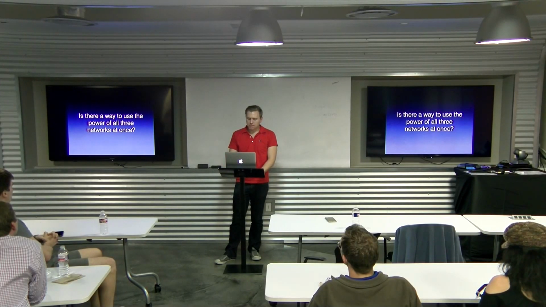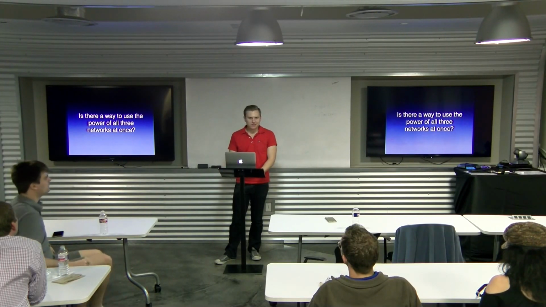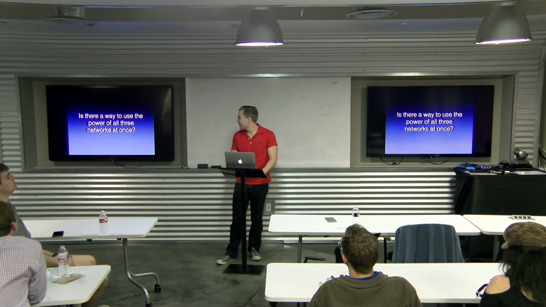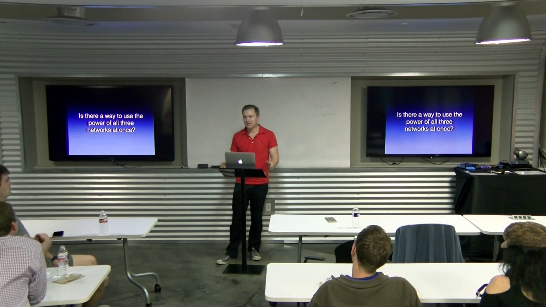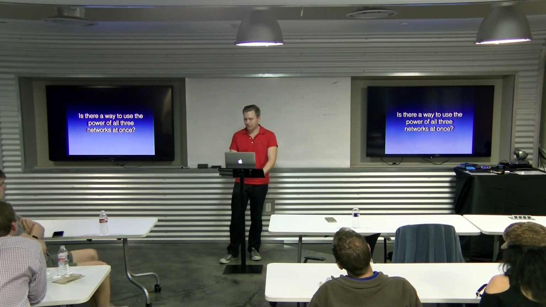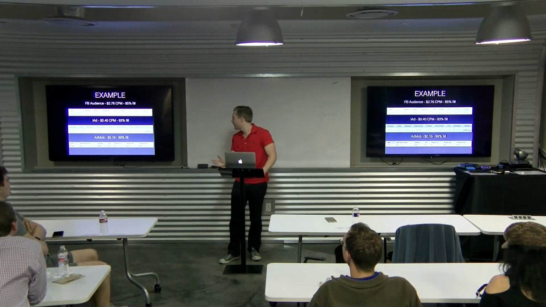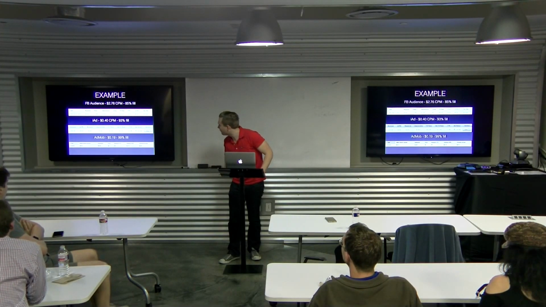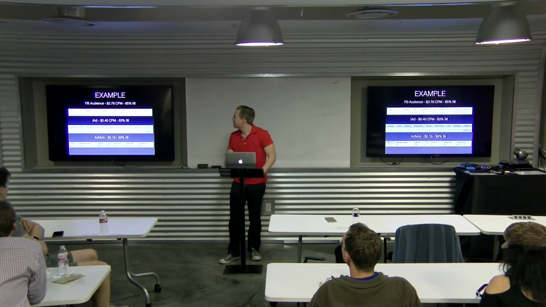So wouldn't it be nice if there was a way to combine all of these and take advantage of all of them? For example, you ask for a Facebook ad first, and since it pays the best, display it, but if it's not there, display an AdMob ad or any combination of those. If we looked at an example, here's some fake data I have for Facebook Audience.